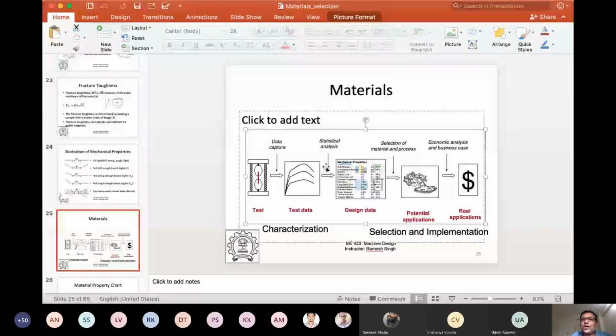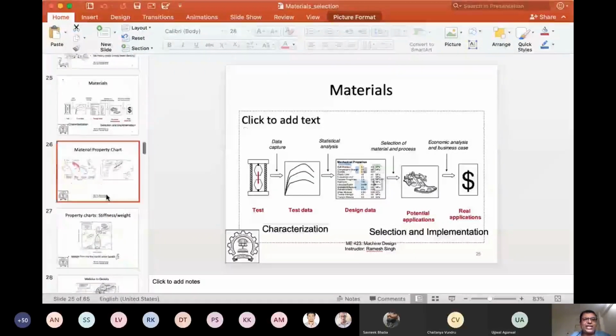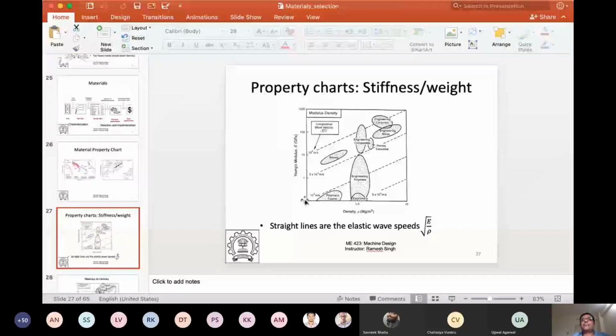Once you have design data, I identify what kind of materials I will use for that application and then create something called a bill of materials. And with that bill of materials, I'll go ahead and do my fabrication and manufacturing. So one of the key things I want to show you is something called stiffness to weight ratios.